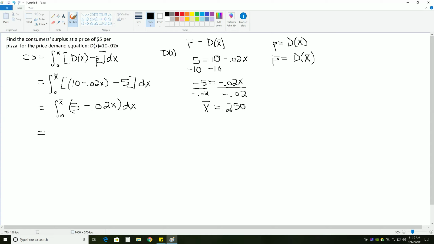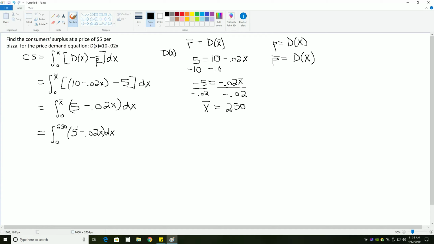So the integral from 0 to x bar is now the integral from 0 to 250 of 5 minus 0.02x dx. And now we need to take our antiderivatives. Because we're subtracting these two terms, we can take the antiderivative separately. So we'll start with the antiderivative of 5.